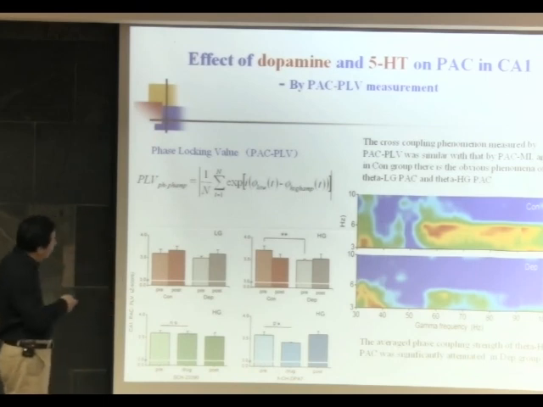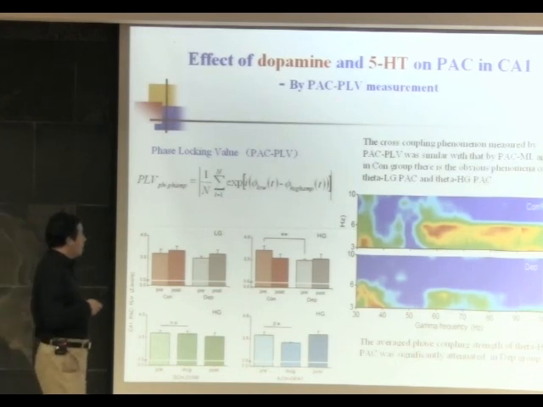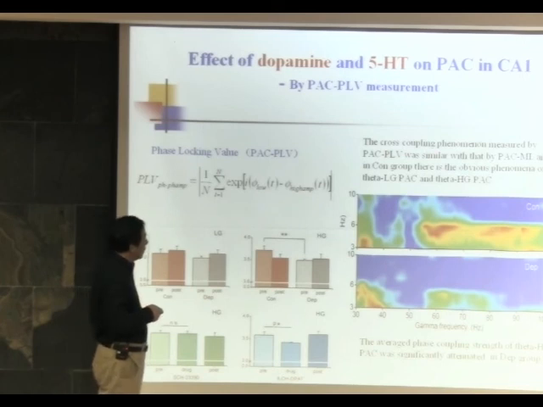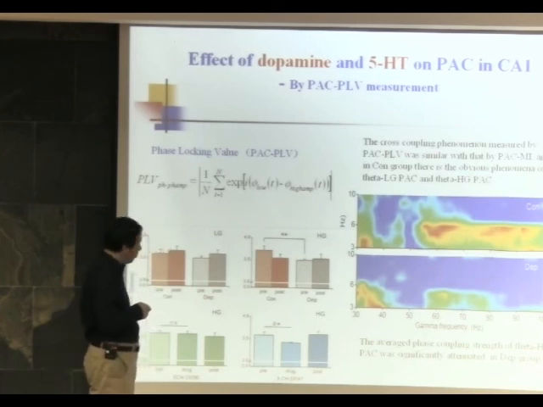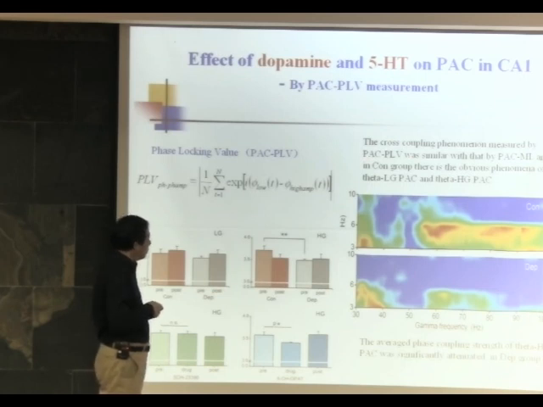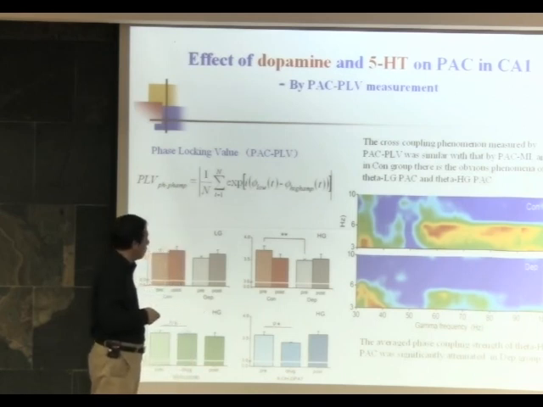So we developed a novel measurement which we called PAC PLV. PLV means a phase locking value measurement. The cross-coupling phenomenon measured by this new algorithm was similar to that by the PAC modulation index.